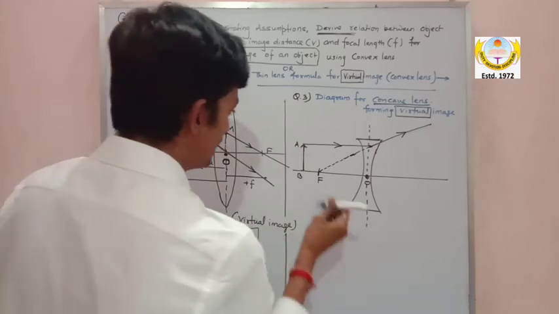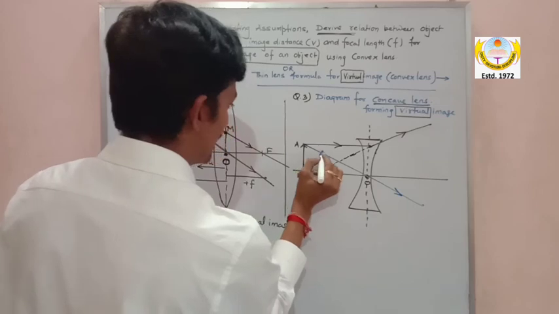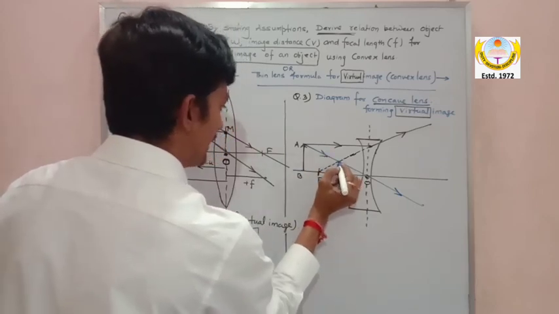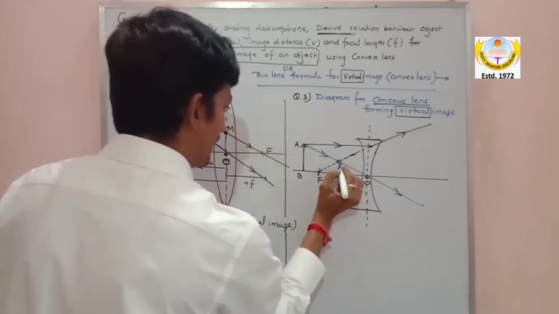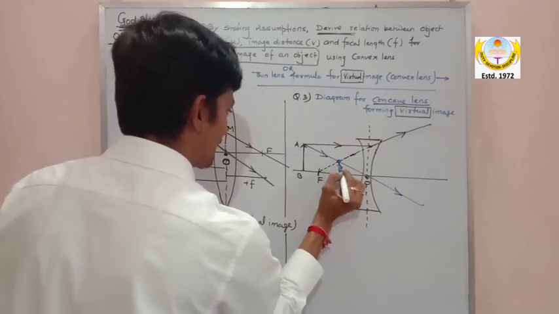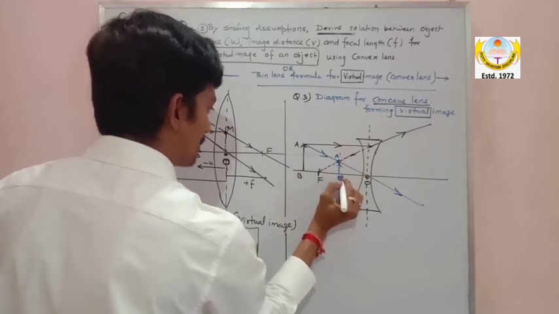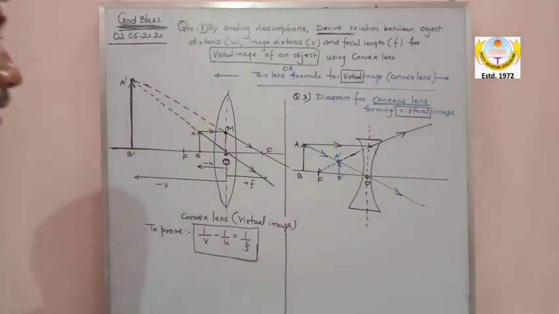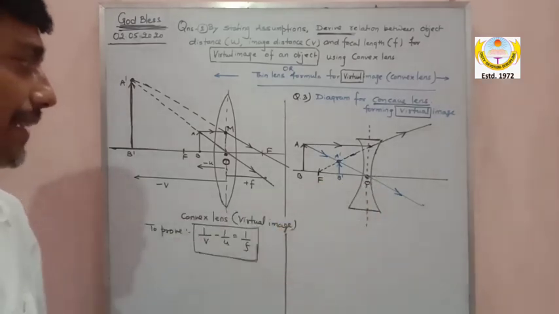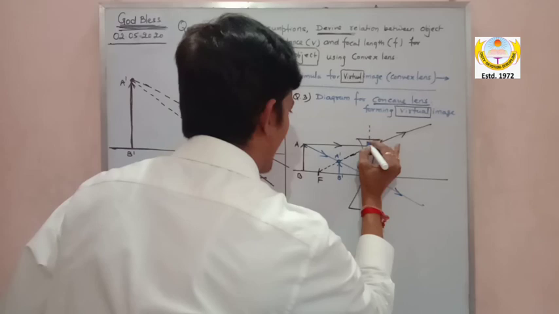You can see this way. Here you can see the image, my dear. Here it is the virtual image formed by the concave lens. Here I will write A dash and here I will write B dash. So this is a diagram by concave lens, and here, my dear, I can draw this point.